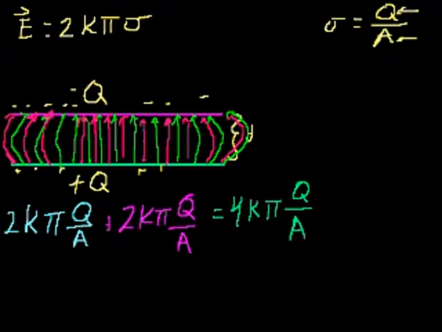Let's see if we can figure out the voltage difference between this point. Let me draw it in a color that you can see, between this point and this point. And what was voltage difference, just as a review? Well, voltage difference is the electrical potential energy per charge if the charge was here versus here.